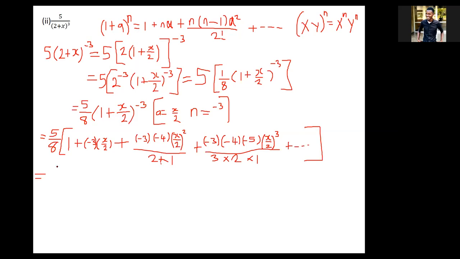So this is going to be 5 over 8 outside. And then you open the same brackets. So negative 3 times x over 2, you get your negative 3x over 2. Then when you multiply this, you're going to get a positive.